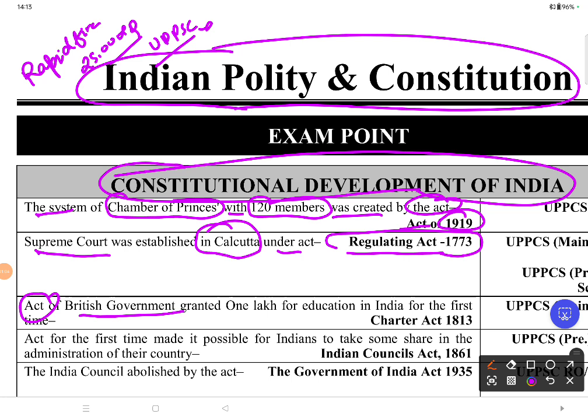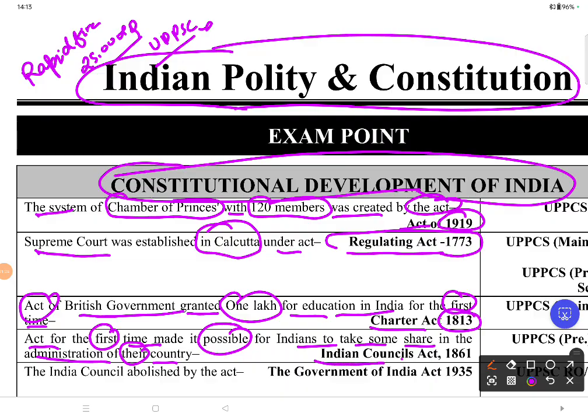Act of British government granted 1 lakh for education in India for the first time, that is Charter Act 1813. Act for the first time made it possible for Indians to take some share in the administration of their country, that is Indian Council Act 1861.